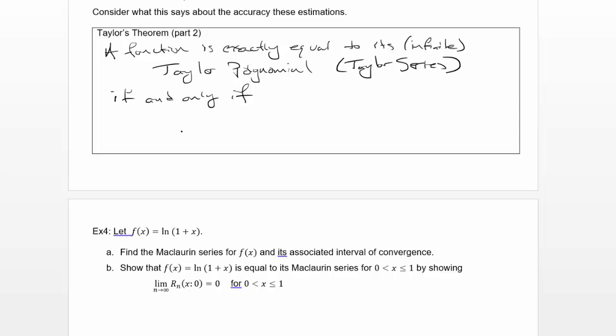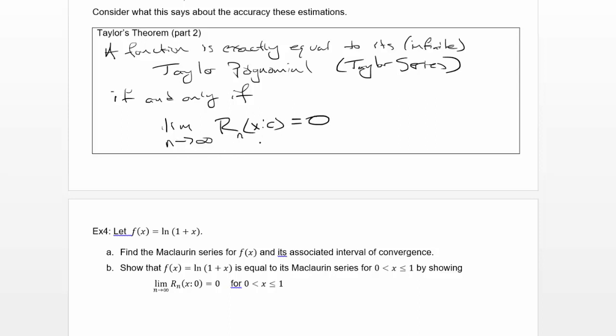And the condition is that the error, or the remainder in this estimation process, disappears or shrinks to zero if the limit, as we add more and more terms of this remainder centered at c, is equal to zero.